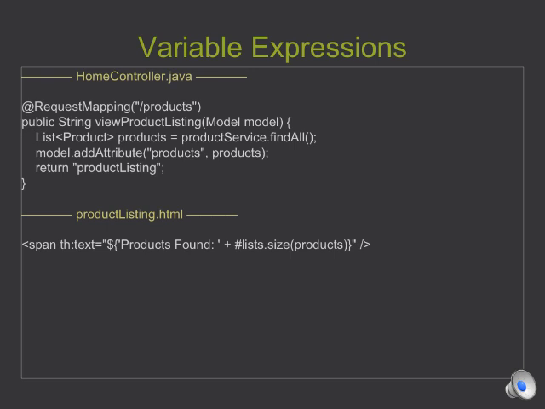And now the variable expression is this pound lists object. And we'll cover a few of them in the next few slides here. But they're basically just utility methods that you can use and call functions that return things to you that then just resolve as part of the normal expression language. So here, the products found would have a number that corresponds to the size of that list.